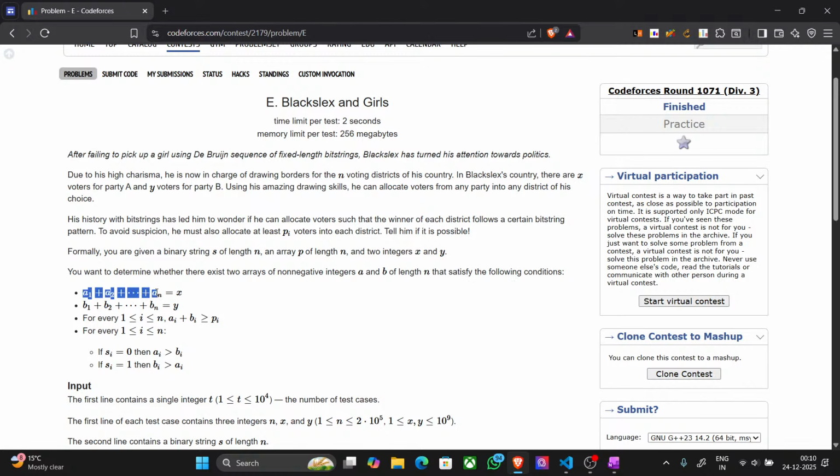A1 plus A2 plus A3 up to An should be x, which means the summation of array A must be equal to x, and the summation of array B must be equal to y. Also, for each index, Ai plus Bi must be greater than or equal to Pi, and if Si is 0, then Ai should be greater than Bi. If Si is 1, then Bi should be greater than Ai.